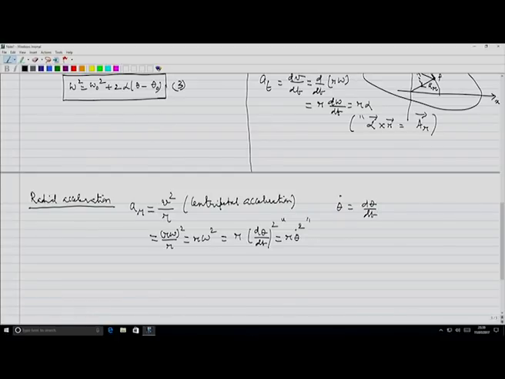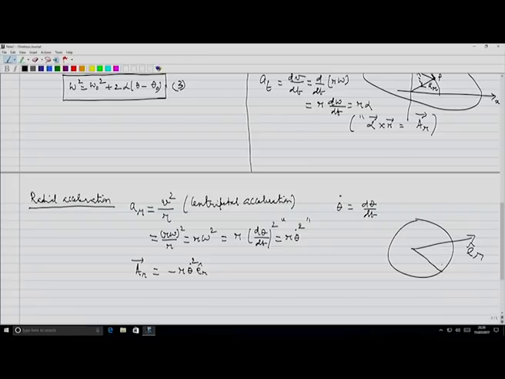Now, earlier in lecture 3 we had this formula: a_r is minus r theta dot squared times e_r. You may ask me, what is this minus sign, sir? Please remember, it is minus e_r. That means, if this is the e_r direction, unit vector, minus e_r is towards this.